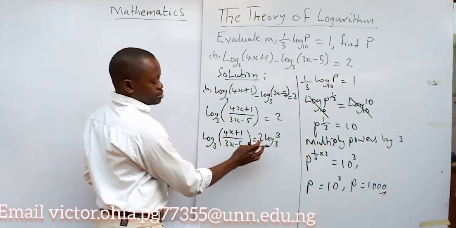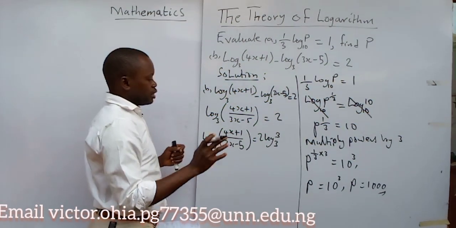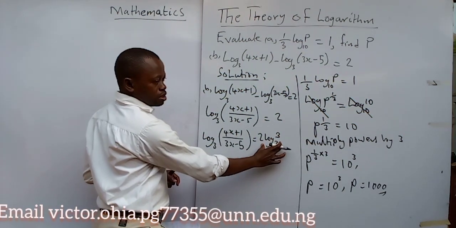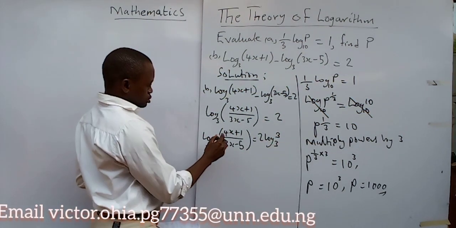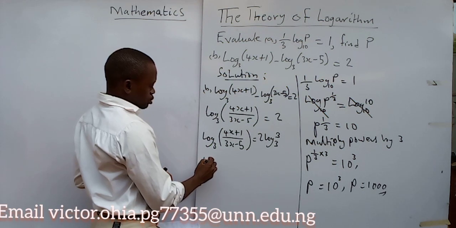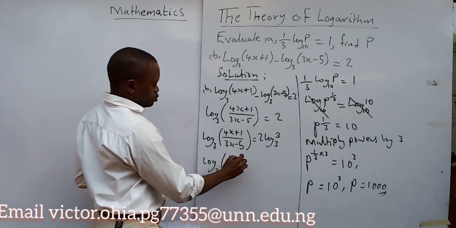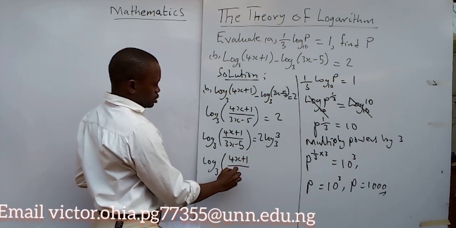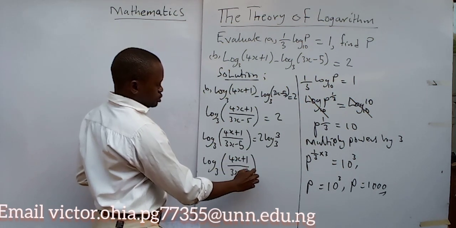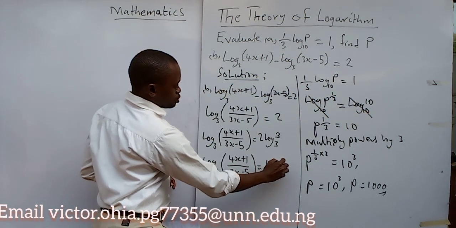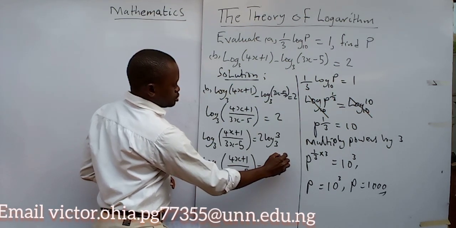Now I will apply, I hope you got that. So I will apply the power law. Watch me: log base 3 of (4x + 1)/(3x - 5) equals log 3 in base 3 raised to power 2.